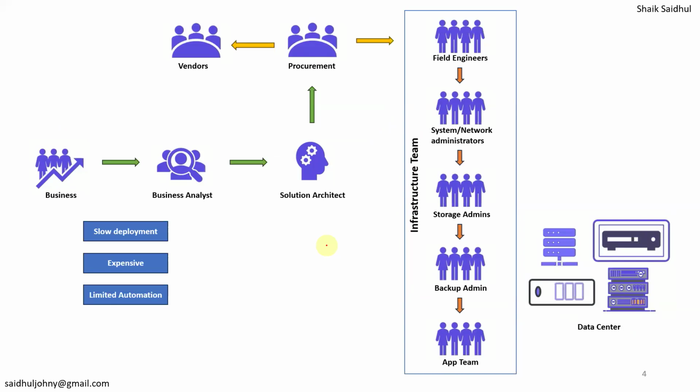limited automation. While some aspects of the infrastructure can be automated, several steps, such as field engineers doing rack and stack, cabling, or system admins doing initial configurations, are manual and slow.